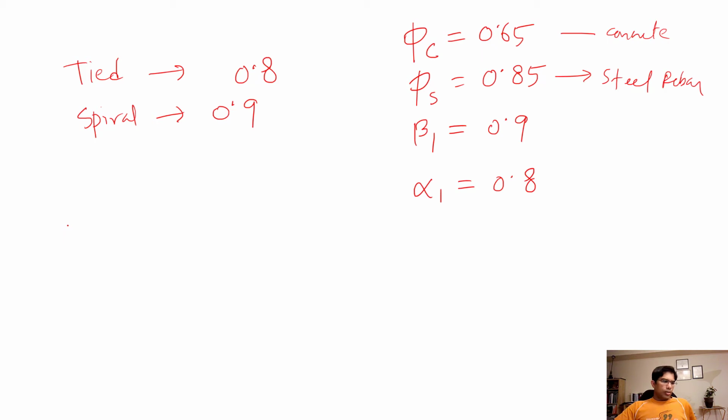We also need to know epsilon c, which is the strain in concrete. So epsilon c equals epsilon c max, the maximum value, and that value is 0.0035.